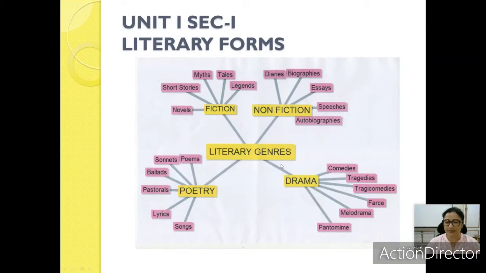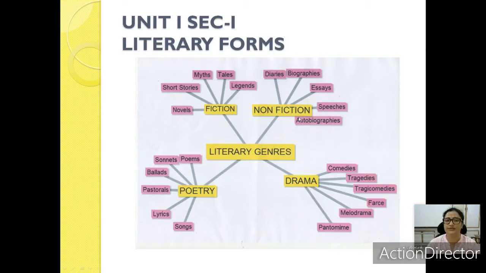So just remember, don't get confused with what I'm saying. You have to remember what literary forms are, and these are the basic four genres. When you do your masters in literature, you will learn that these are the four categories of which various papers you will study: various poets, dramatists, novels, essayists and critics.